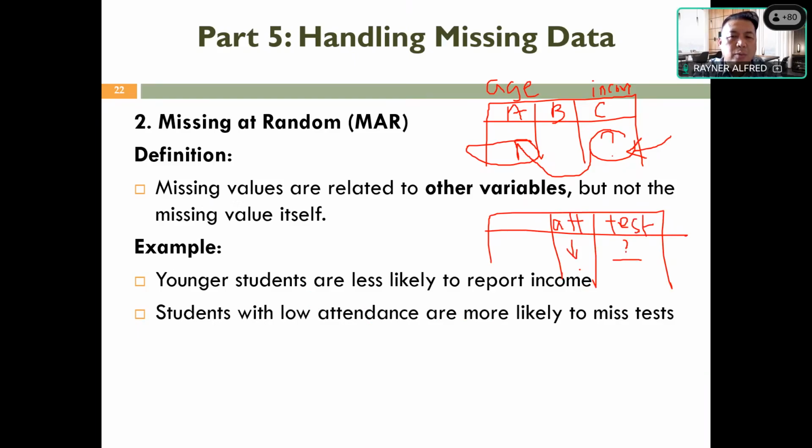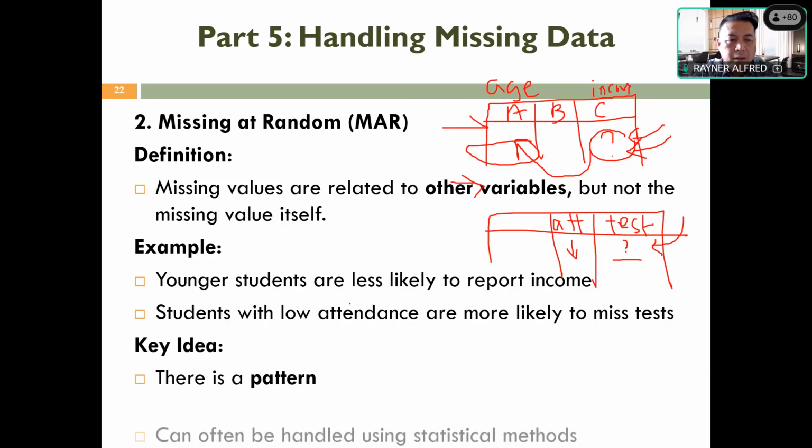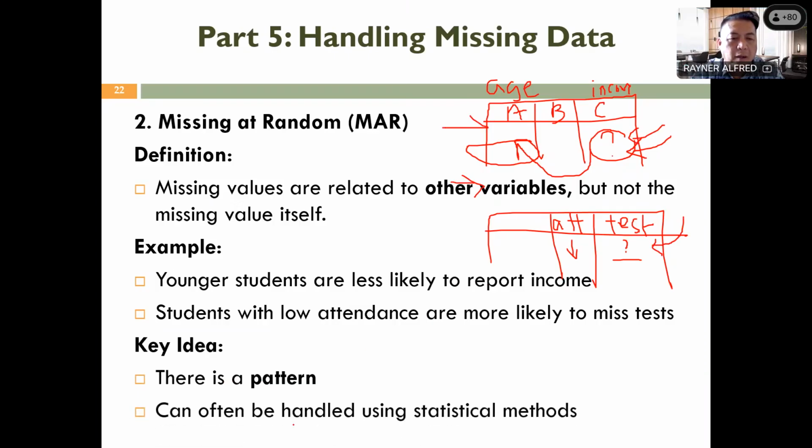So in this case, we can somehow figure out what is the value here, depending on the other values that we have. So that's how we will solve the problem here. The key idea is that there is a pattern here, and we can often handle the situation by using a statistical method.